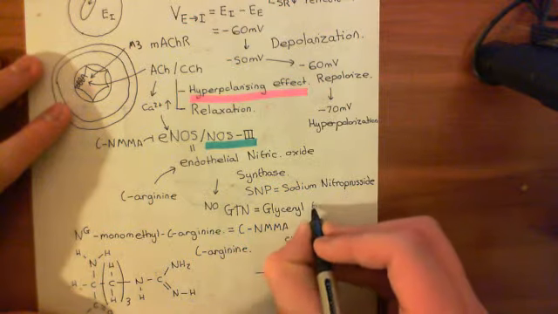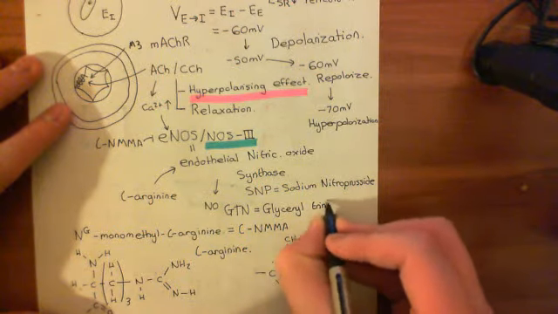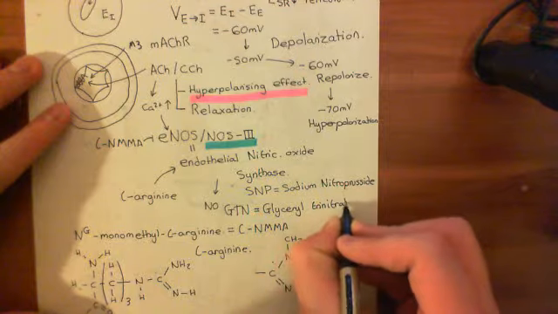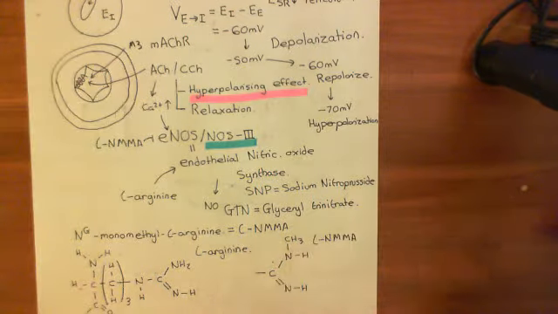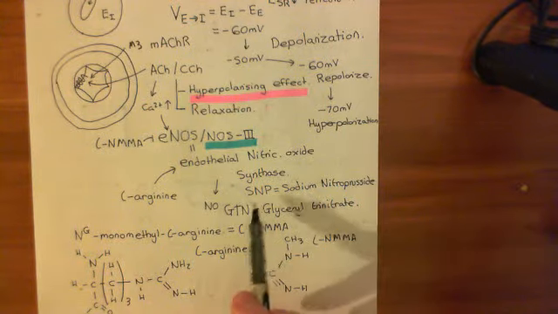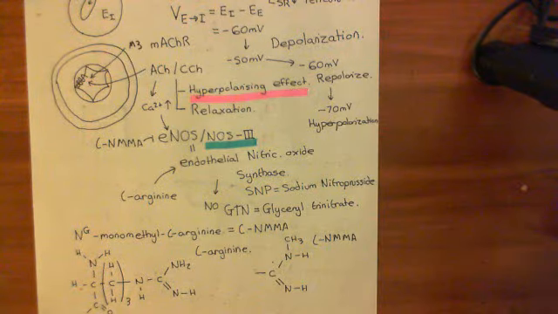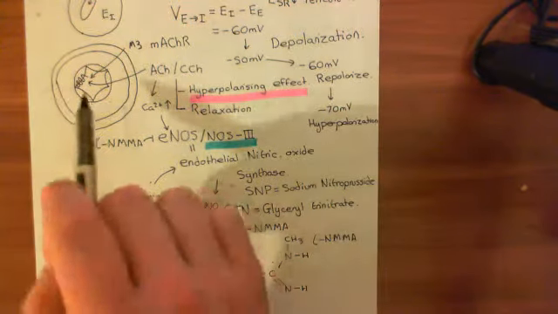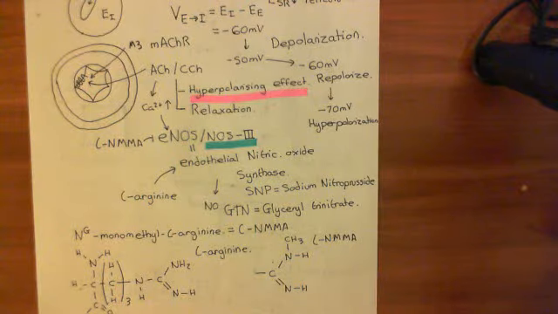Okay, so both of these drugs are compounds which, if they go into the blood, will undergo chemical reactions, and in that chemical reaction they'll produce nitric oxide. So if we put either sodium nitroprusside or glyceryl trinitrate into our blood vessel, it's going to produce nitric oxide, and that nitric oxide will be produced independently of stimulating the endothelial cells.